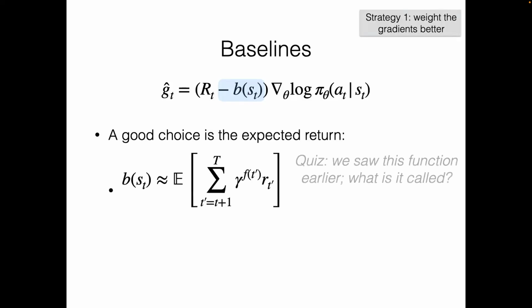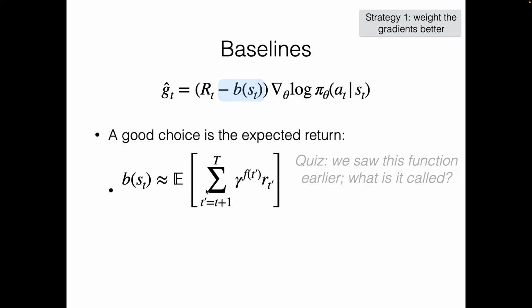Now you can formalize what I was saying before. This idea of better than expected, or what is the expected reward? Well, you can literally define the expected reward and try to use that as a baseline. So does anyone remember this formula and maybe where we saw it come up earlier?